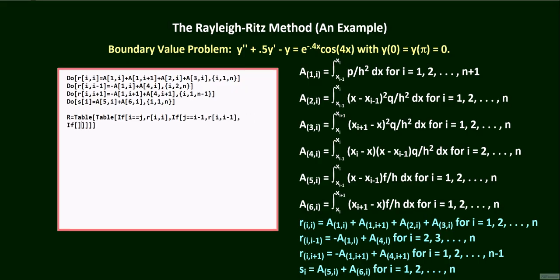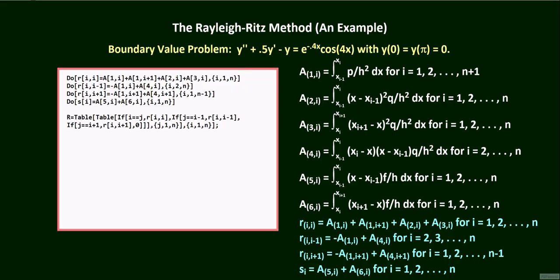If it is the entry to the right of the diagonal, then j equals i plus 1, and the entry is R sub i plus 1. All the other entries are 0. j goes from 1 to n, and i goes from 1 to n.